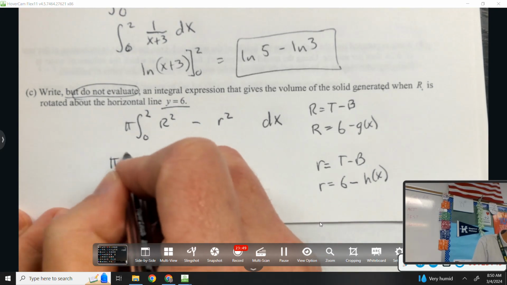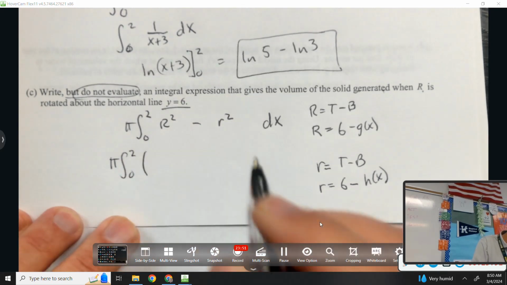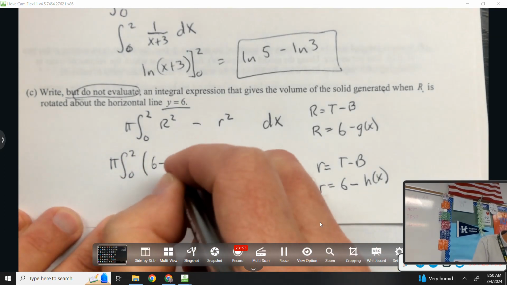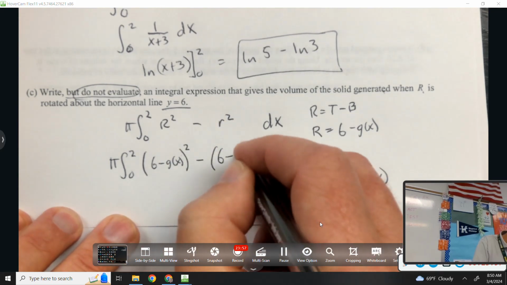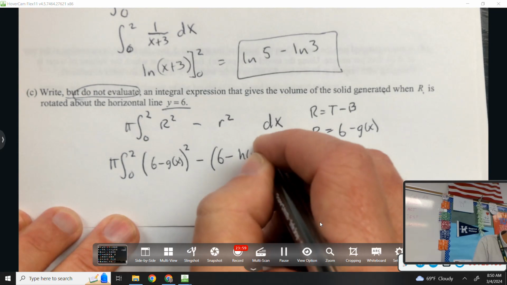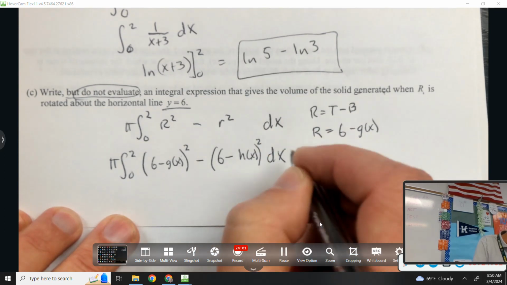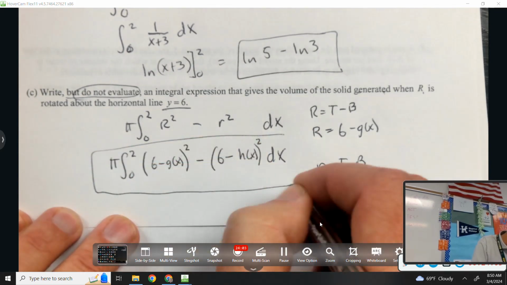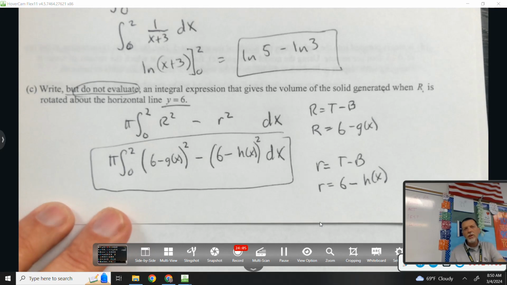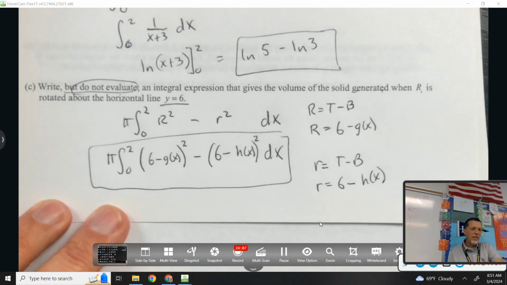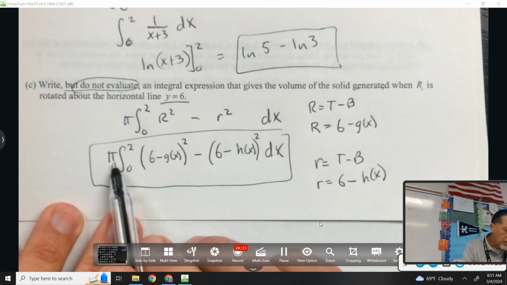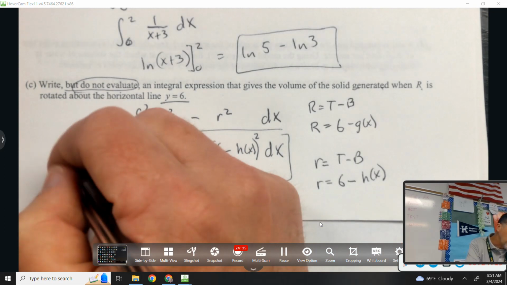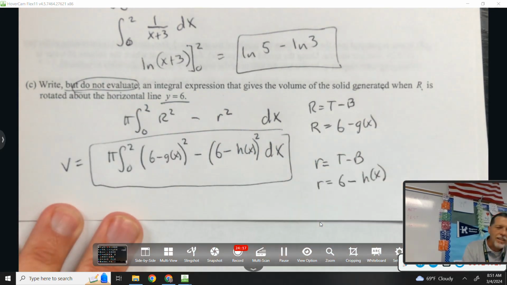So pi, 0 to 2, 6 minus g of x squared minus 6 minus h of x squared dx. And if you had called those y1 and y2, that would be fine as long as you identified clearly which one was y1 and y2. Write but do not evaluate an integral expression that gives the volume. Okay, I think that's all it wanted.